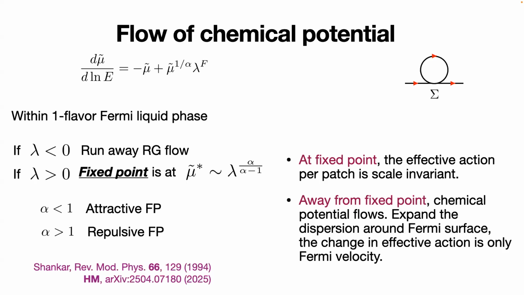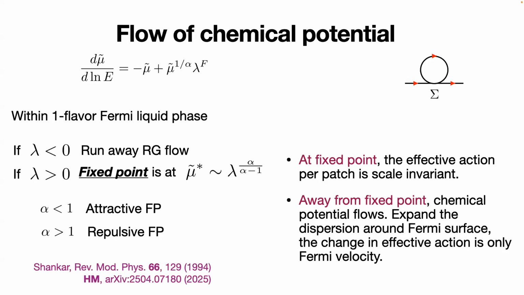But when lambda is positive, we can find a fixed point at a particular rescaled chemical potential. But this result will not change the Fermi liquid phase in any way, because at the fixed point, the effective action is scale invariant, of course.